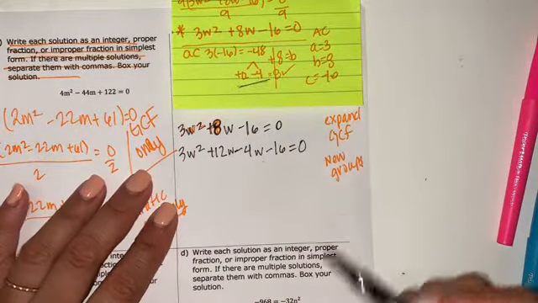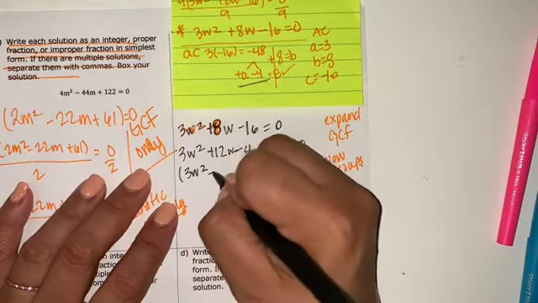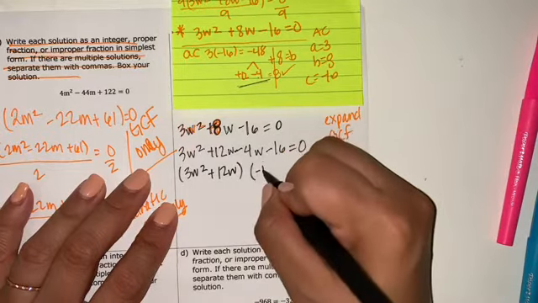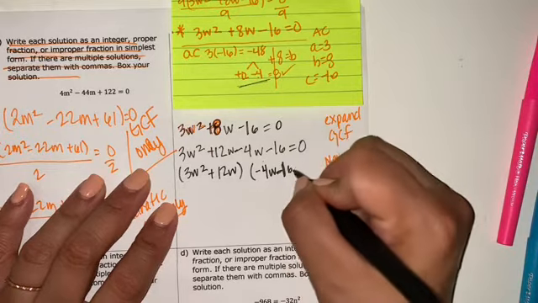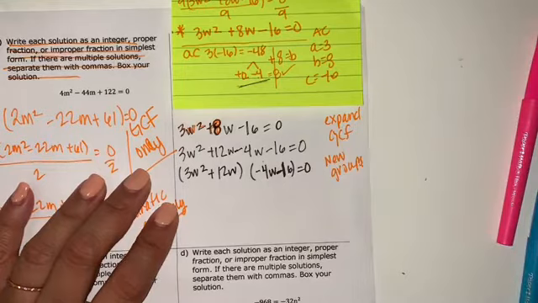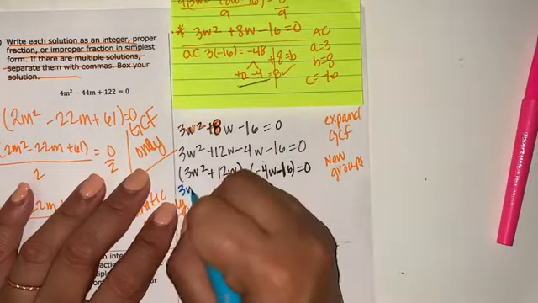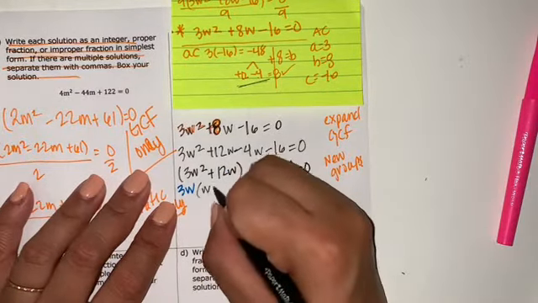And then GCF, so we have to make our groups. 3w squared plus 12w. My second group is negative 4w minus 16 equals 0. Okay, so let's take out my GCF from the first group. I have a 3w as a GCF, so it's 3w, and then I'm left with w plus 4.